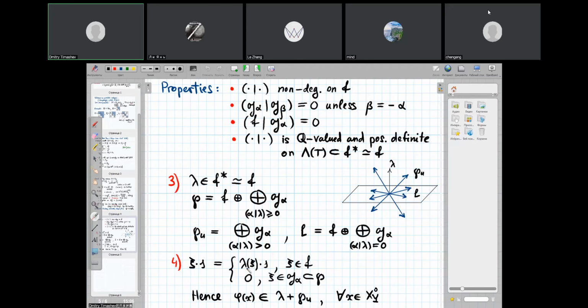And this condition on T says that the projection to T of this vector will be exactly this lambda. So we have this property.